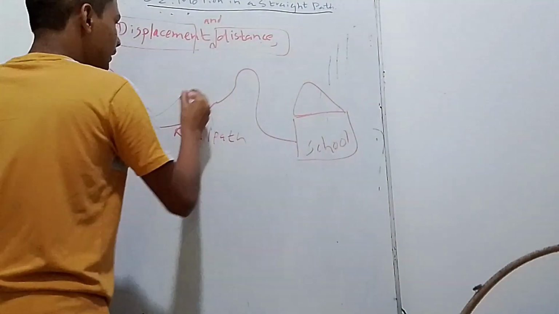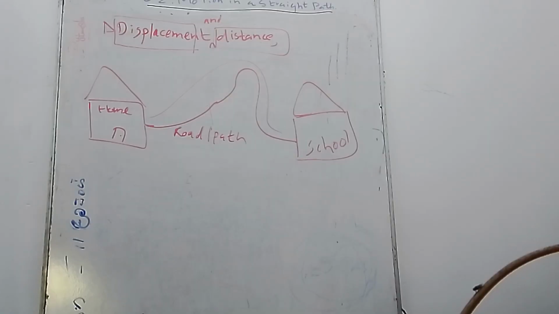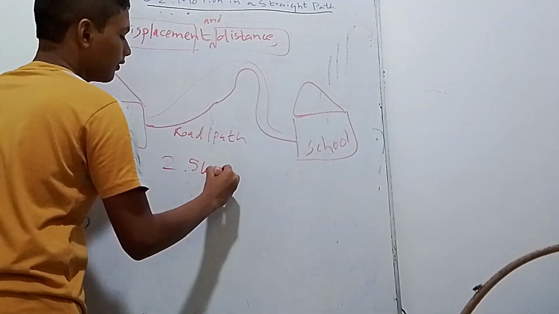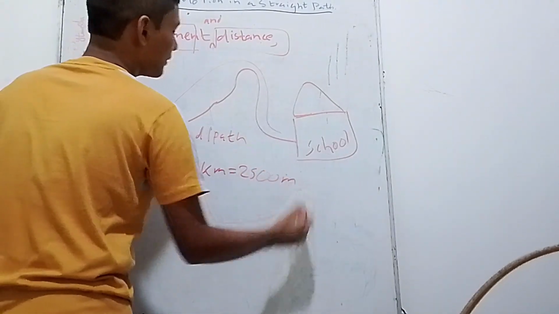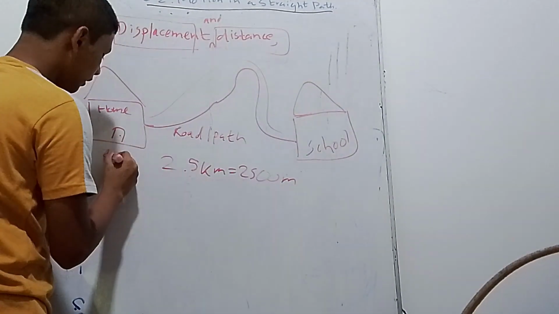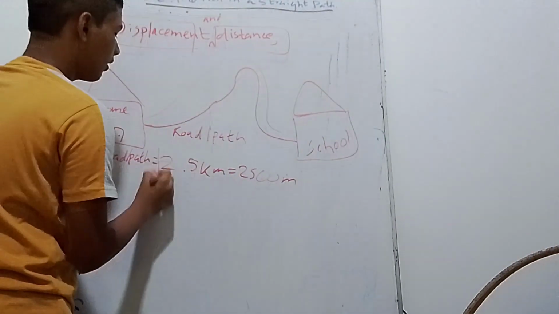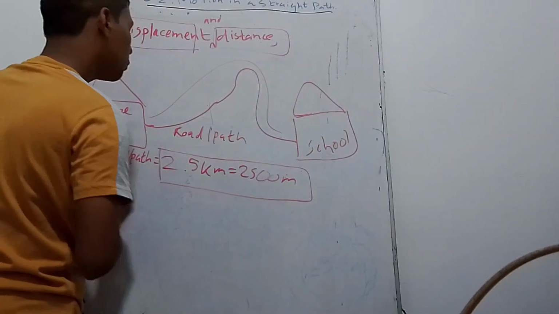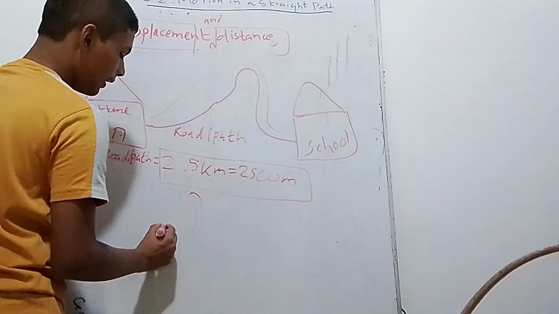So if the length of this path, let's say it is 2.5 kilometers, which is 2,500 meters. Think this road or the path length is 2.5 kilometers or 2,500 meters. So this is distance.